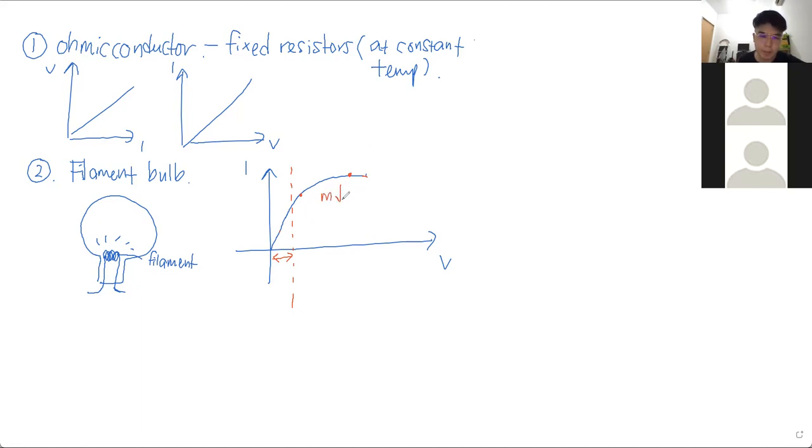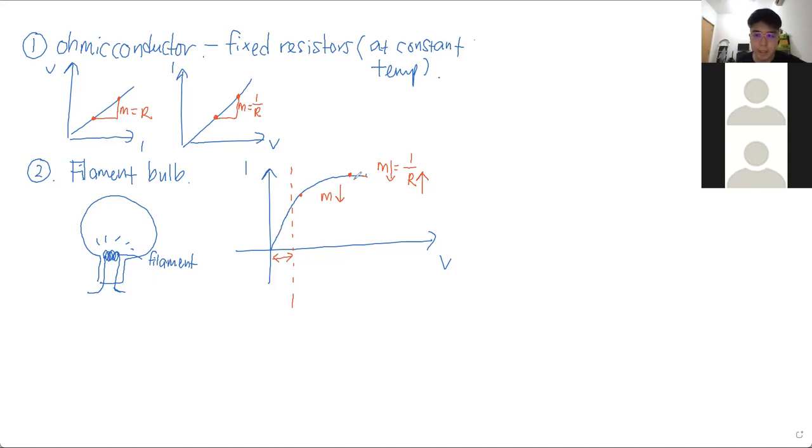Now the gradient is decreasing, what does it mean? What graph is your graph? I against V, right? The gradient of I against V is 1 over resistance. Again, this is very important. For a VI graph, the gradient is equal to resistance. For an IV graph, the gradient is equal to 1 over resistance. So if the gradient decreases, because it's an inverse relationship, the resistance increases.